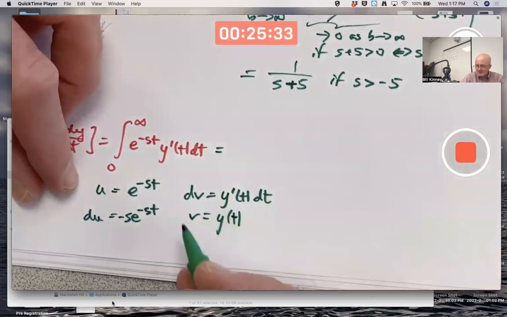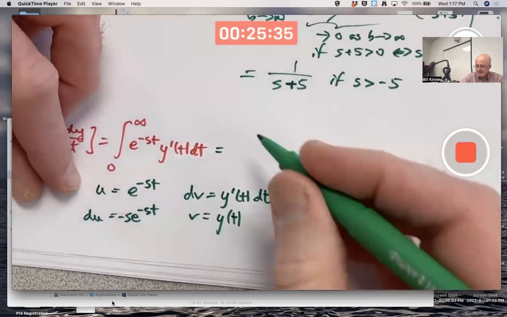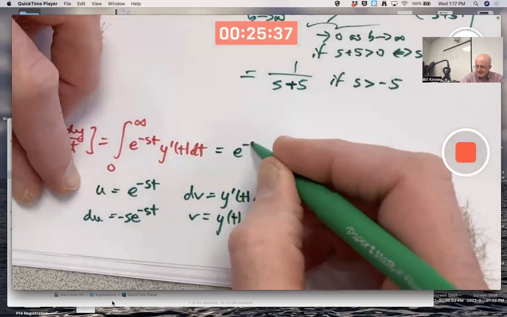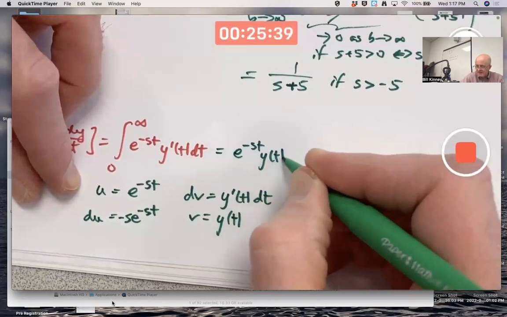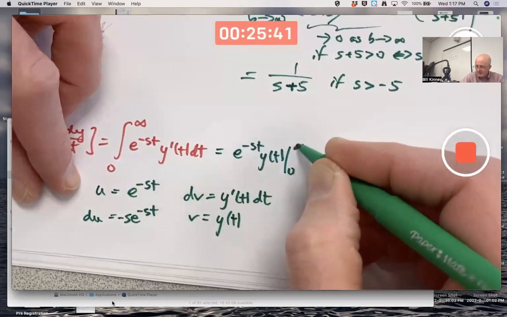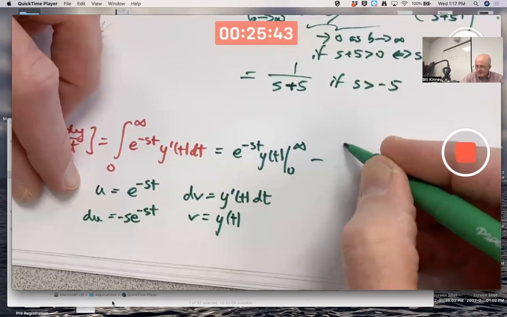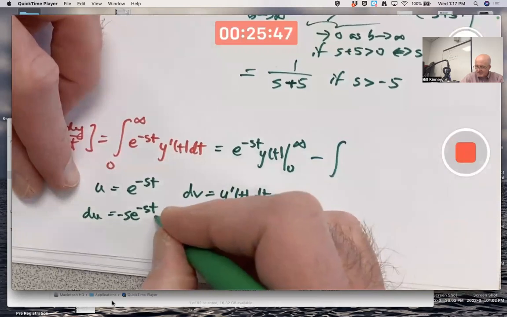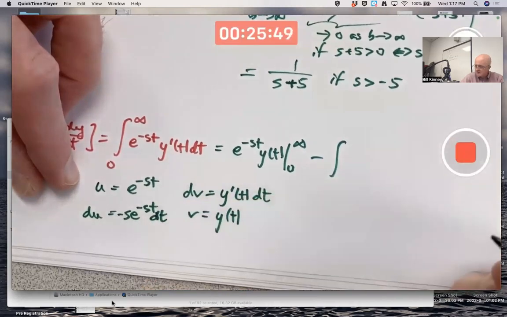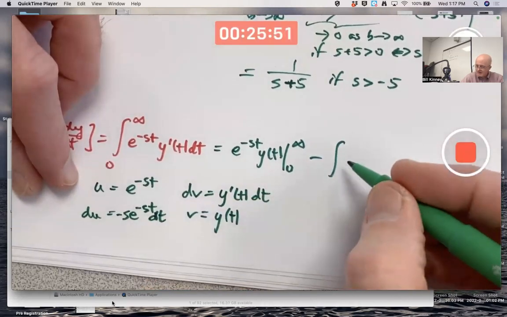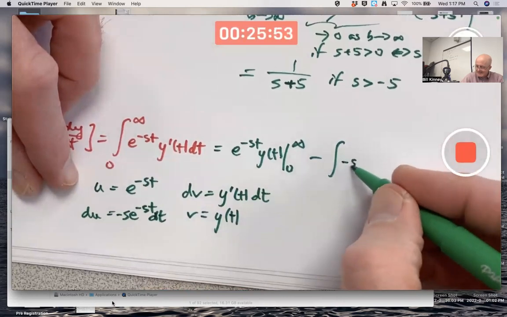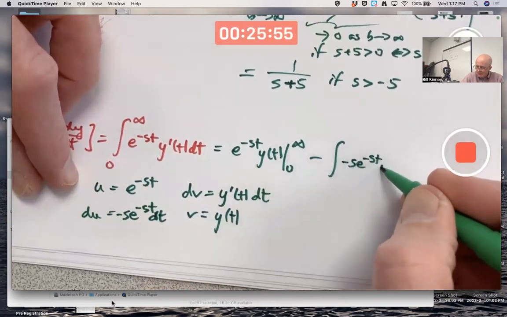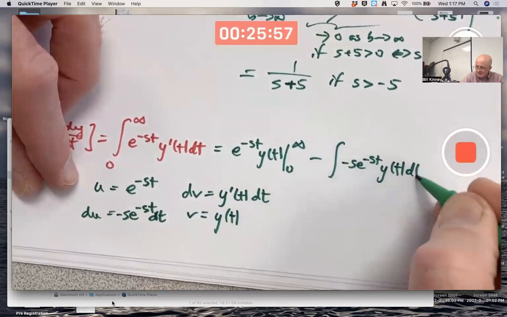Integration by parts then says do u times v, e to the negative st times y of t, being evaluated from 0 to infinity, minus the integral of v times du. I forgot my dt here. Negative s e to the negative st, y of t dt.